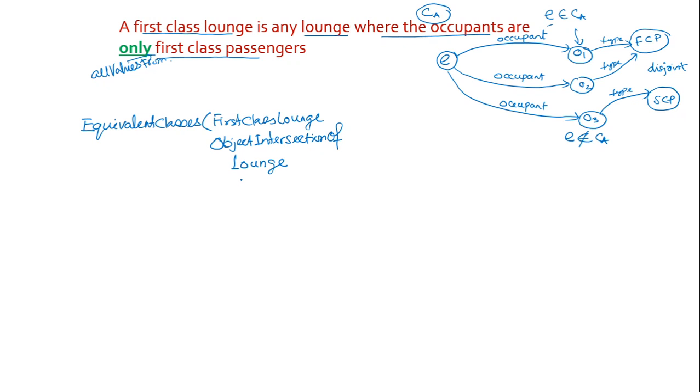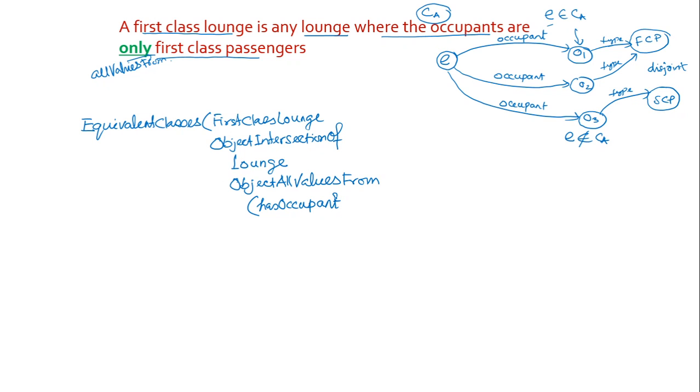And how do we represent CA? We are using all values from restriction, right? So object all values from, and the restriction is on say has occupant, right?